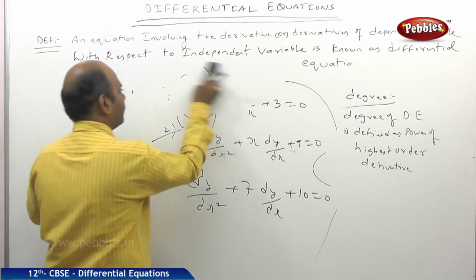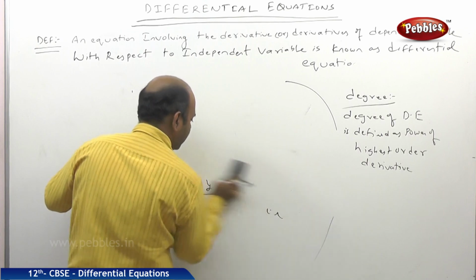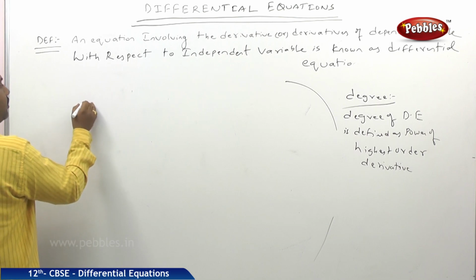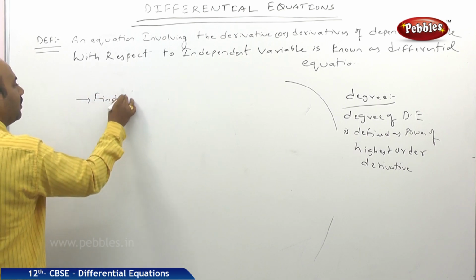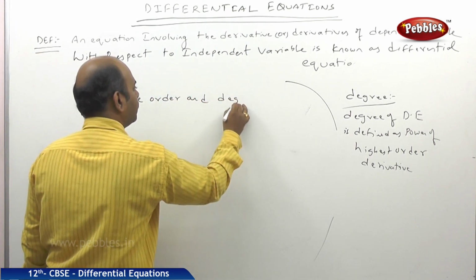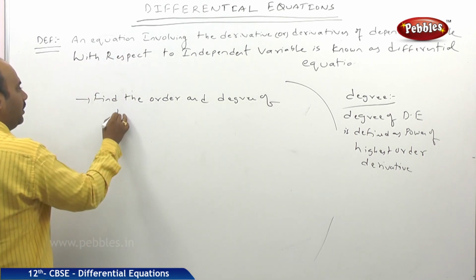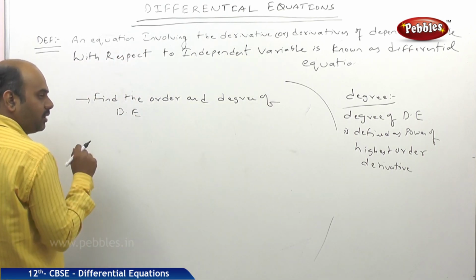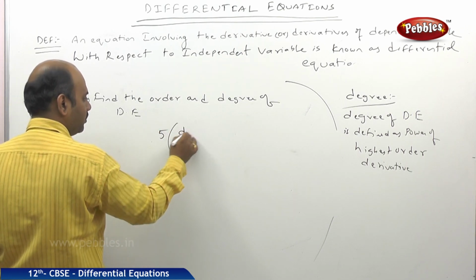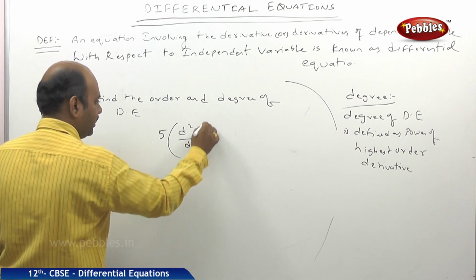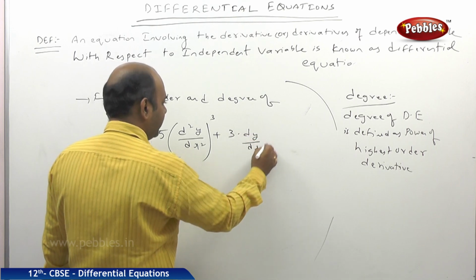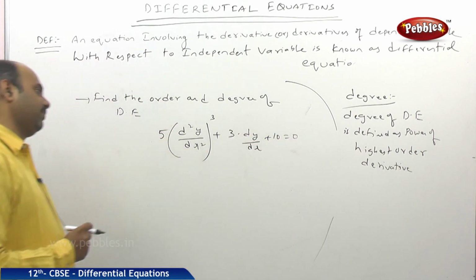Suppose a question is asked like this: find the order and degree of the differential equation 5 into d square y by dx square whole cube plus 3 into dy by dx plus 10 equal to 0.